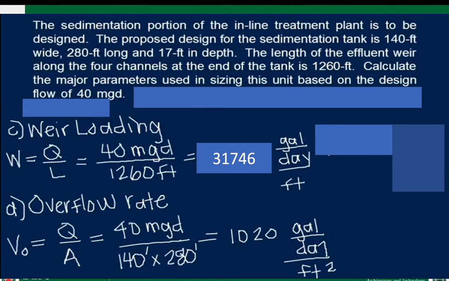And for the overflow rate, that is equal to V sub O equals Q over A: 40 million gallons per day divided by the area, for which we use the 140 feet width multiplied by the 280 feet length. And that is equivalent to 1,020 gallons per day per square foot.